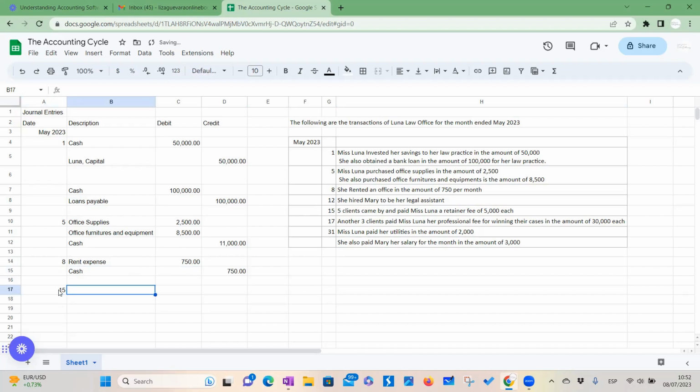So on the 15th, 5 clients came by and paid Miss Luna a retainer fee of 5,000 each. So we'll debit cash in the amount of 25,000 and credit income in the amount of 25,000.